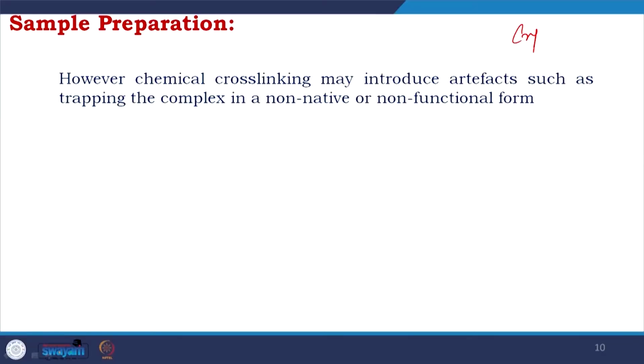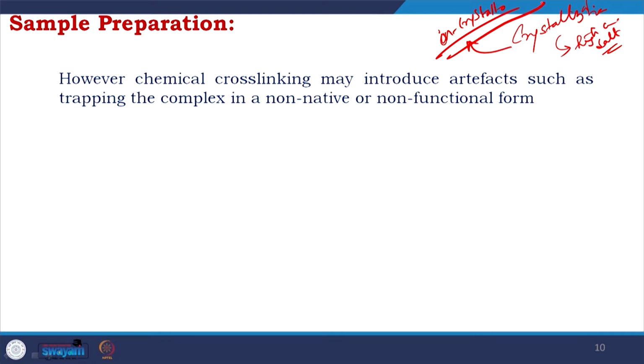We do the crystallization in a very high concentration of salt and all, and we call this condition not native condition, we call it in crystallo condition.